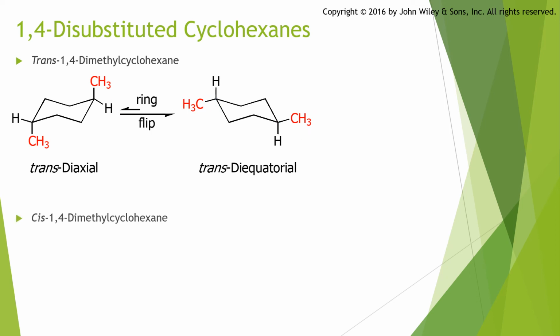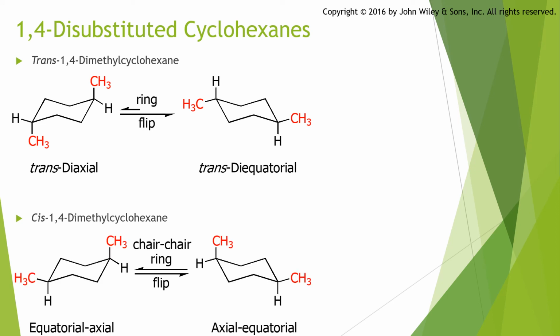Now, if we look at the cis 1,4-dimethylcyclohexane, in order for them to be cis to each other, they both have to be pointing up. Now, if on this carbon I put this methyl group pointing up and in the axial position, across the ring on the fourth carbon, the up position that I need happens to be equatorial. And when I do a chair flip, I have the same situation.